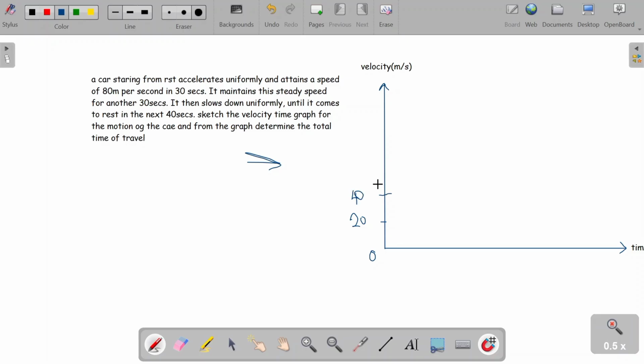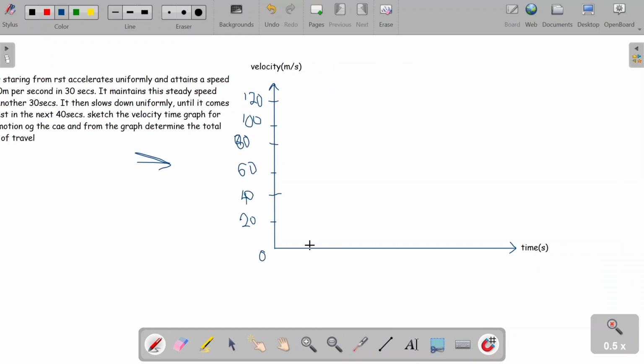So we have 40, 60, sorry, not 70, 80, and let's see 100. Let's go further. So up here is 120. And let's do the same for our time. For the time, we're just going to be using tens. So here is 10.